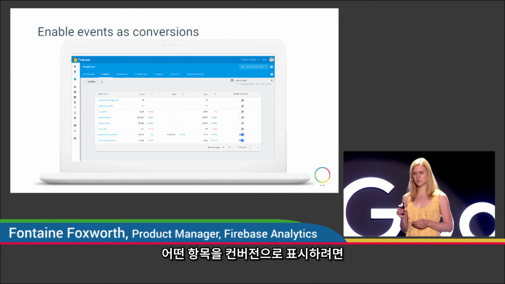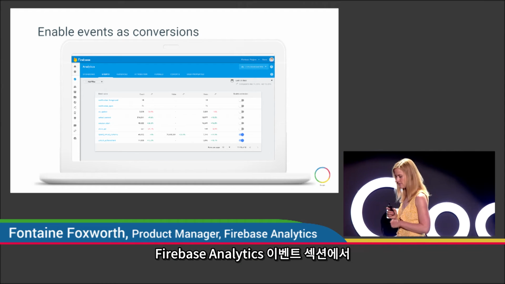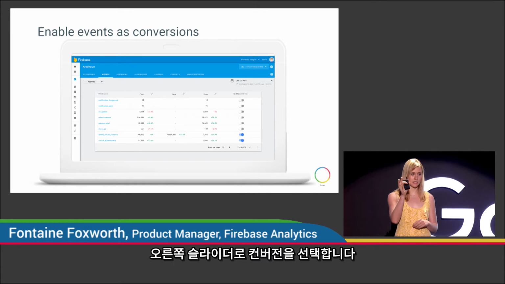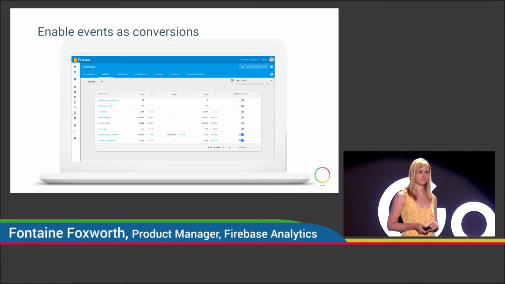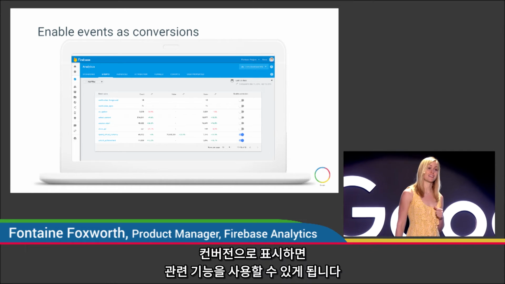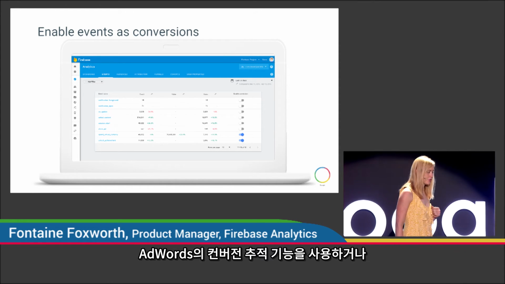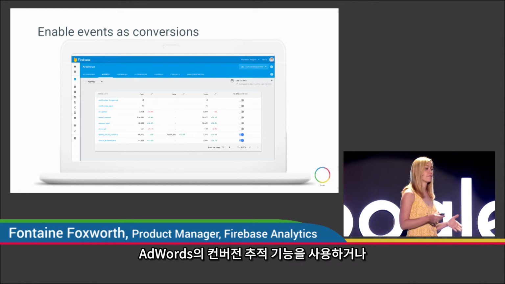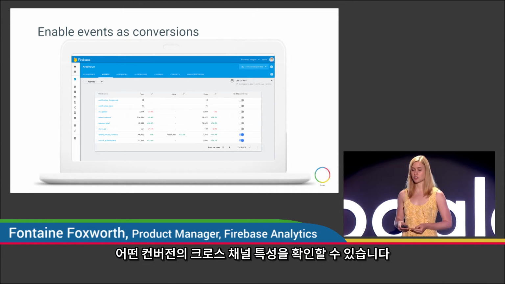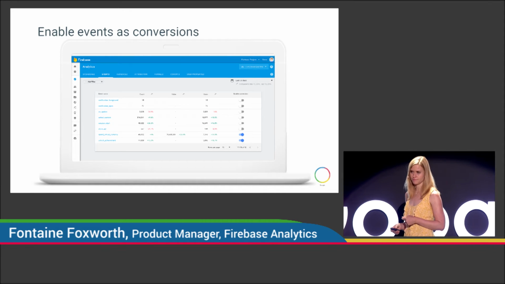Now, when you want to mark something as a conversion, you can come into the events section of Firebase Analytics, and there's a toggle on the right-hand side where you can select to mark something as a conversion. By marking something as a conversion, you unlock functionality on it. For example, you unlock the ability to do conversion tracking with AdWords, or to do cross-channel attribution on that particular conversion.